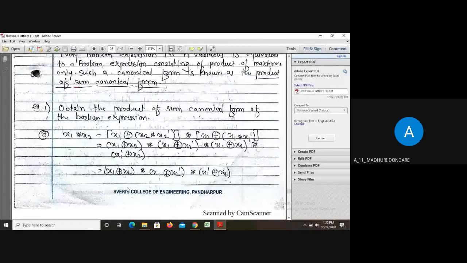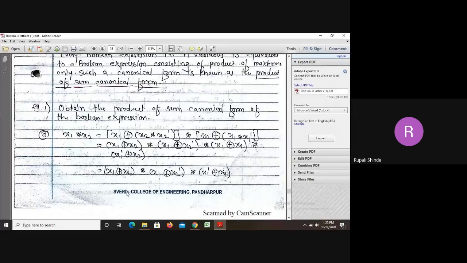Yes, ma'am. Okay. Now you have to solve this same example using a truth table. Just like we had seen in PDNF, where we were considering the value 1. If your last column contains 1, only then we consider the values for those variables.